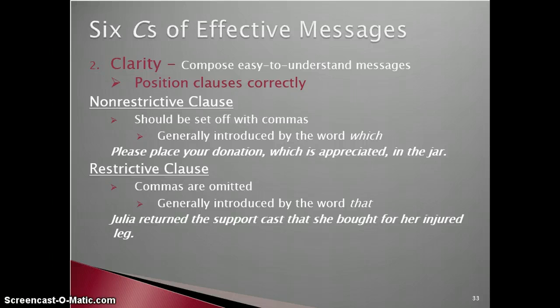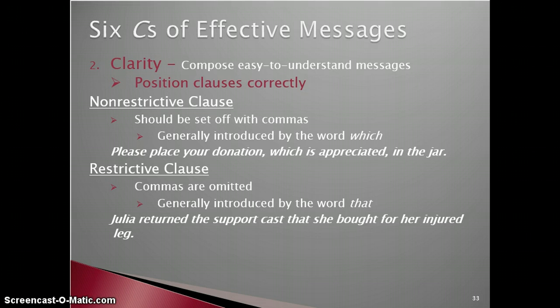An example would be, please place your donation, which is appreciated, in the jar. Non-restrictive: you could take out the words which is appreciated and still have the same meaning. Please place your donation in the jar. Therefore, that non-restrictive clause needs to be set off with commas.